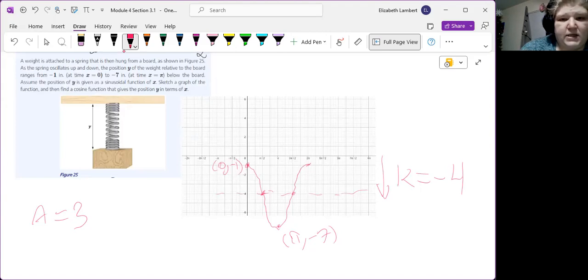Our period is 2 pi. So that means the b value is 2 pi over the period, but the period is 2 pi. So it's 2 pi over 2 pi. So it is 1.